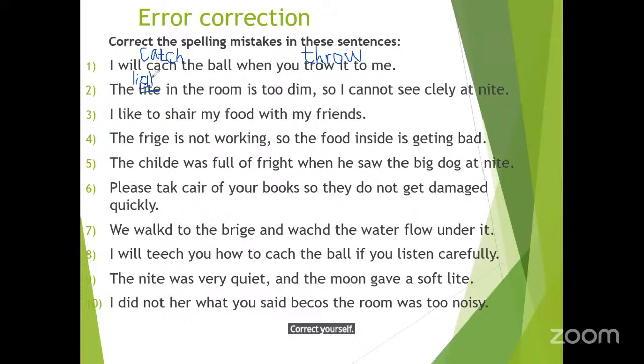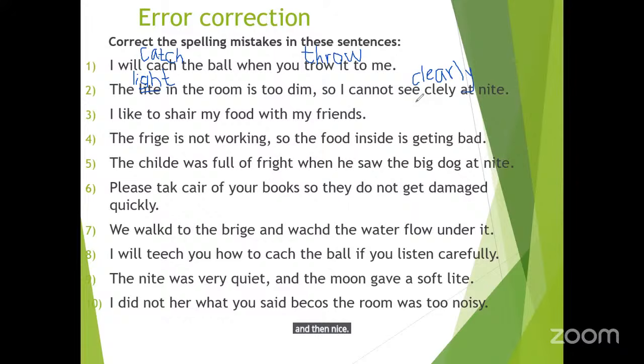LIGHT, light. Clearly, CLEARLY, clearly.